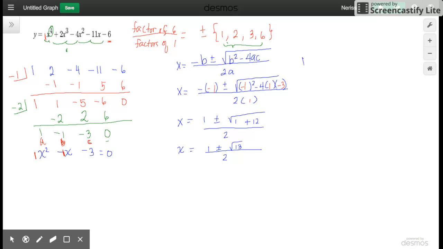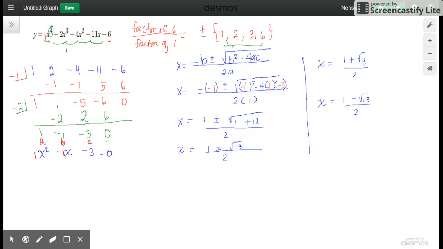So we know here that we have two values for x, and they are x equals 1 plus square root of 13 over 2, and the other one is 1 minus square root of 13 over 2. So these are the two missing zeros.